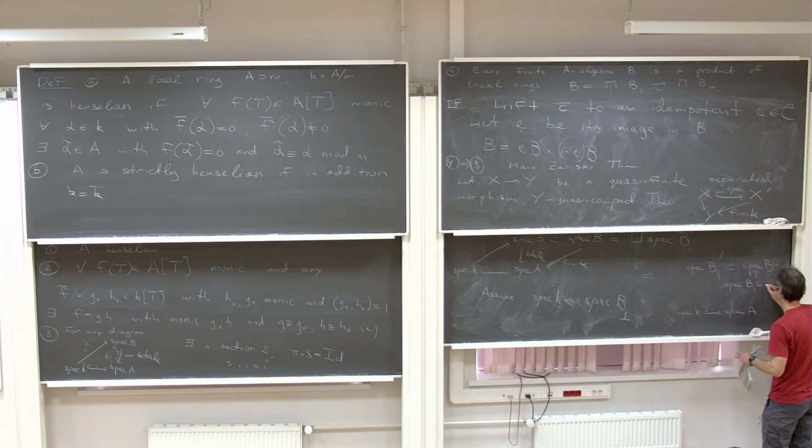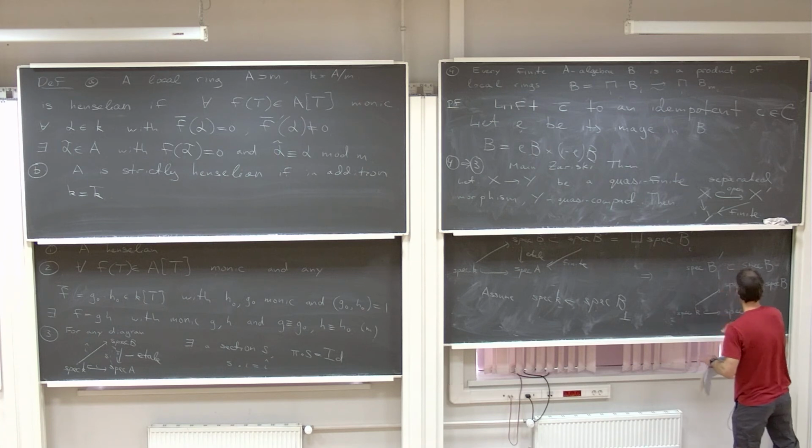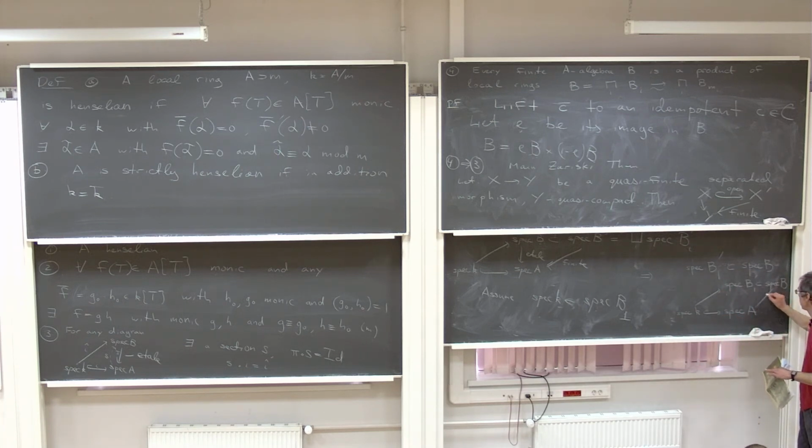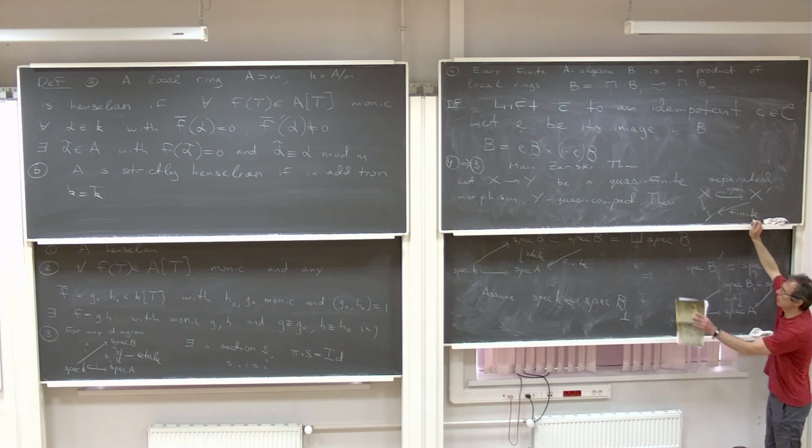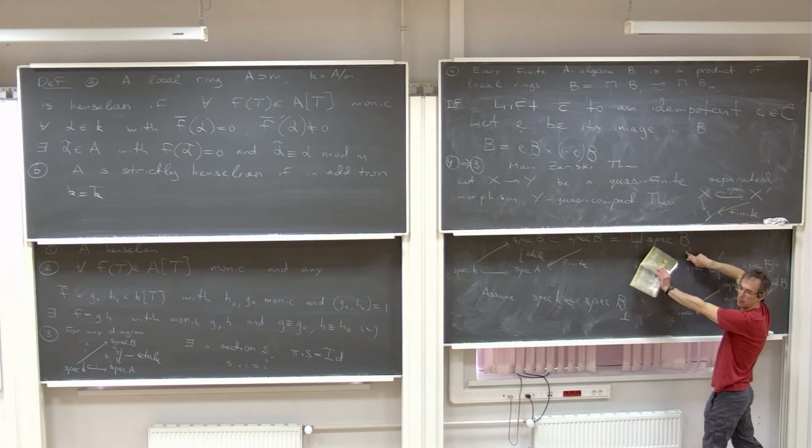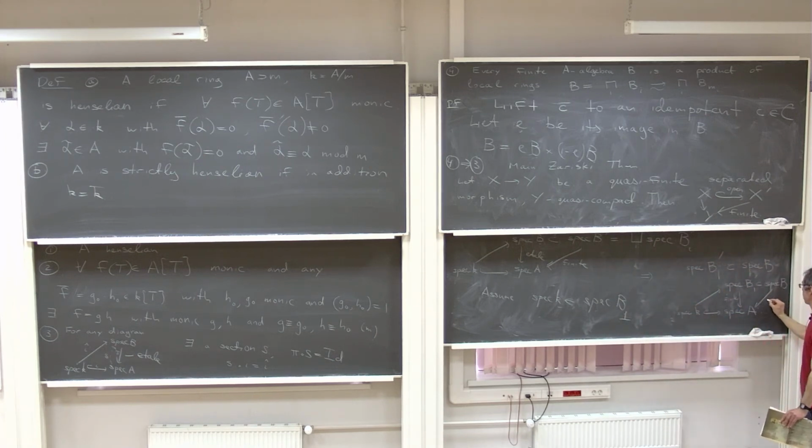This is an open subset in Spec B. So what do we know about all these maps? We know that this is finite, because this is finite and this is one connected component. I know that this is étale. This is an open embedding, so that means that this is finite étale.